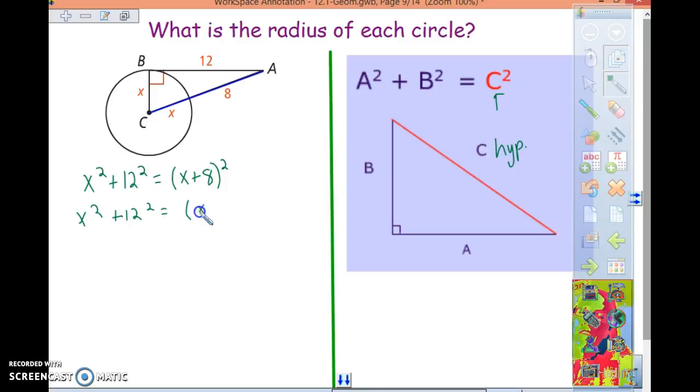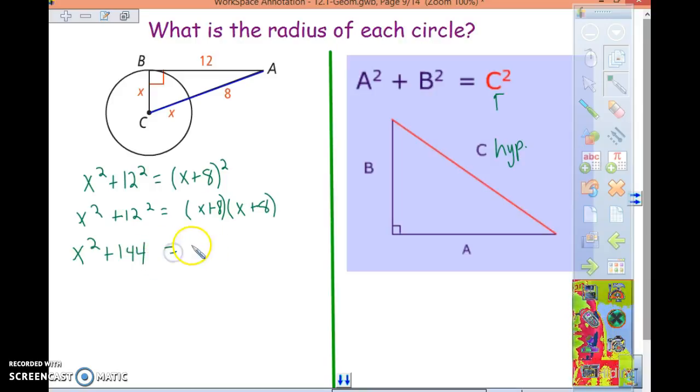This is really x plus 8 times x plus 8. So we have to multiply this out. So we get x squared, our insides and outsides are going to give us 16x, and then multiplying the 8 and the 8 gives us 64.